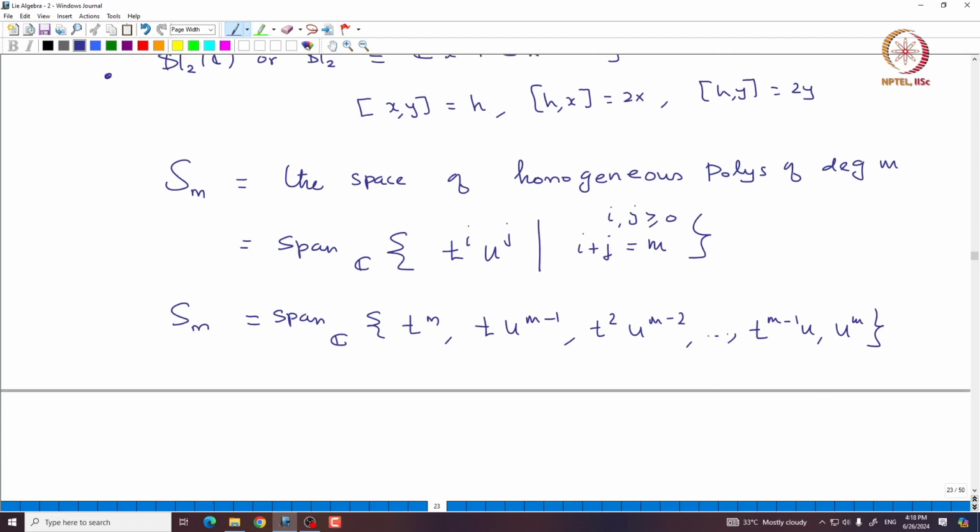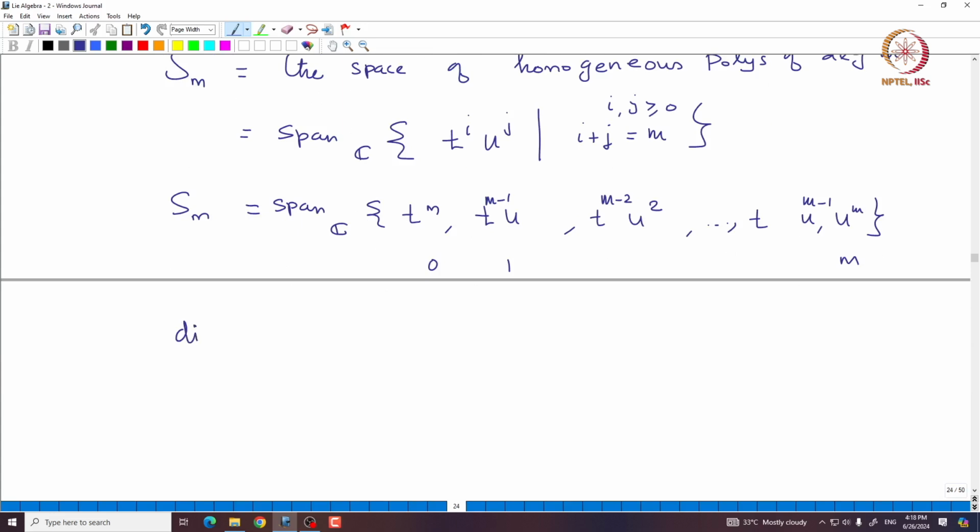If you consider only the power of u, it starts from 0, 1 up to m. So, that means we have m plus 1 vectors inside Sm. So, the dimension of Sm is m plus 1.